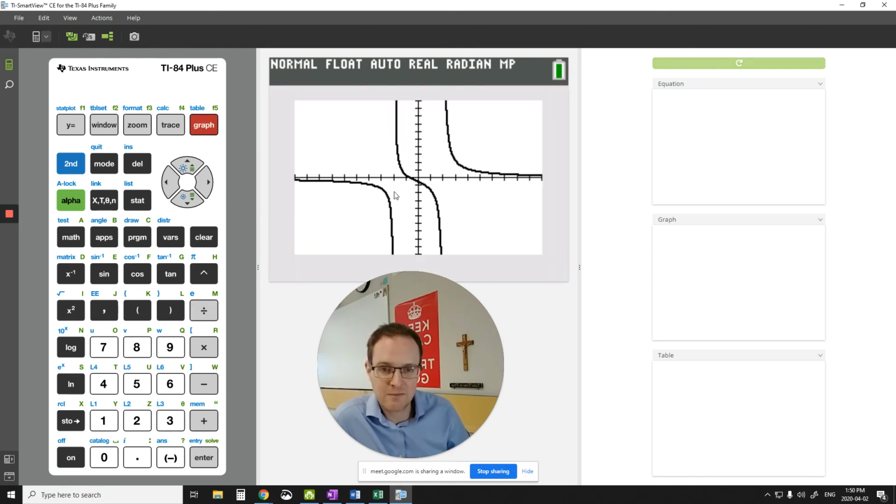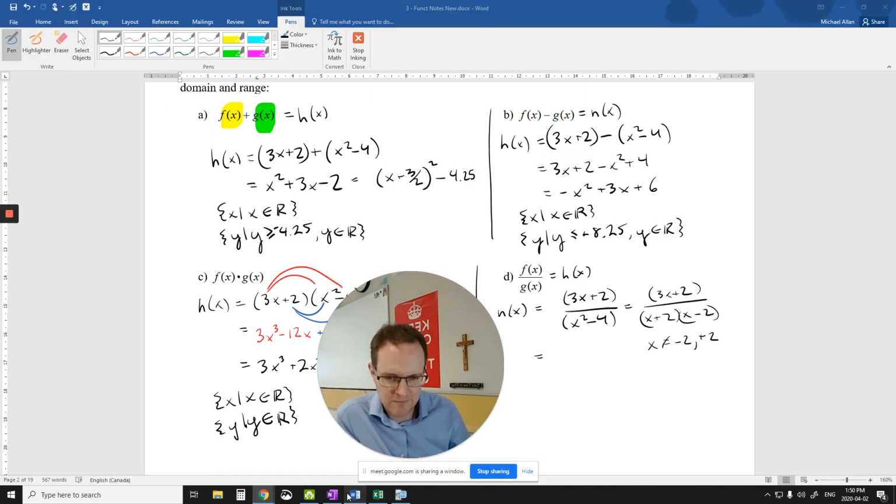You can kind of see that. One at negative 2 and one at positive 2. Got a graph going that way. You got a horizontal asymptote on either side here, but you notice that this line does cross through the horizontal asymptote. So that's not going to be part of my range.